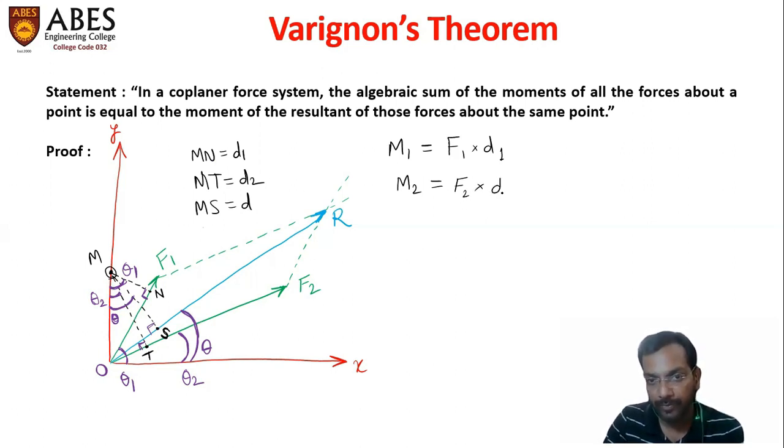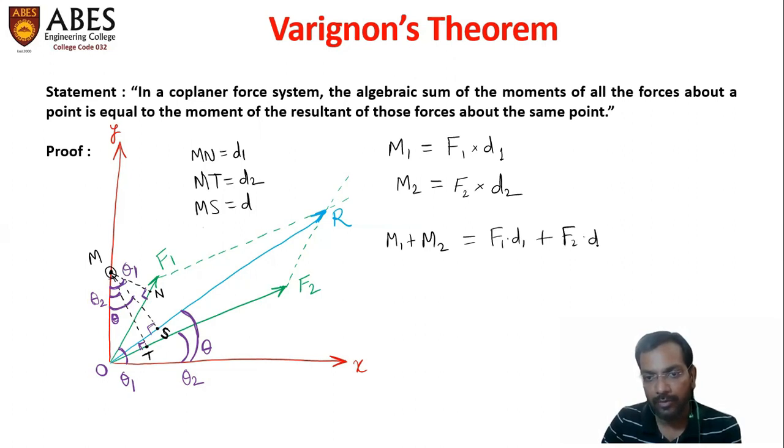D2. So this is the moment of the second force. Now, let's sum up these two moments. What is M1 plus M2? M1 plus M2 will be equal to F1 into D1 plus F2 into D2.